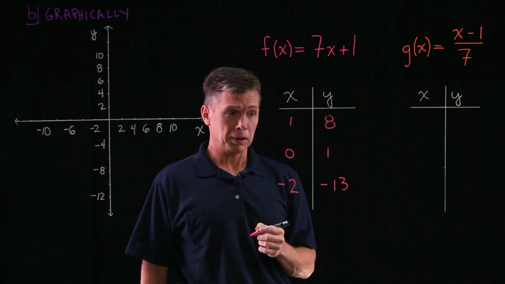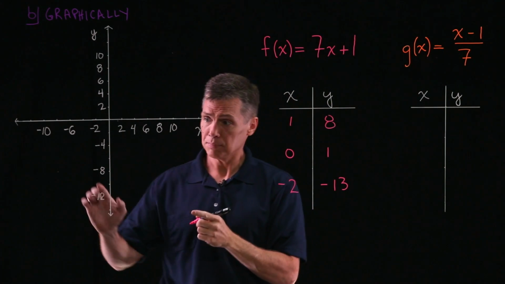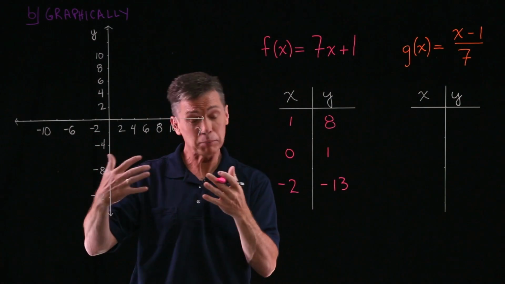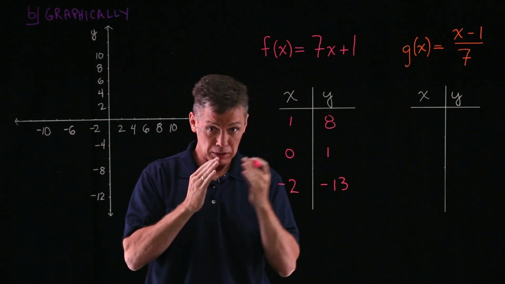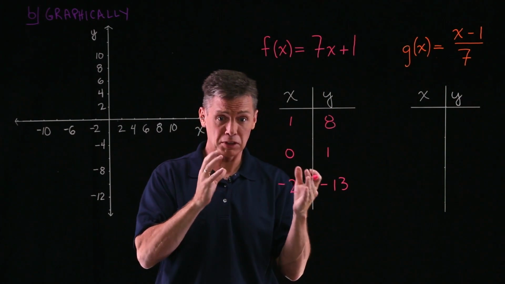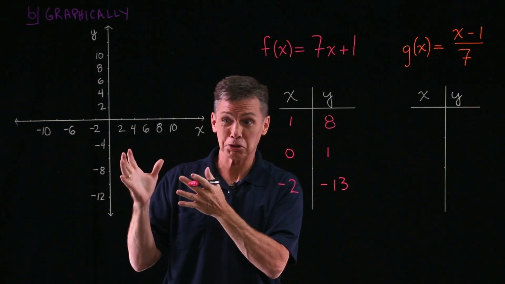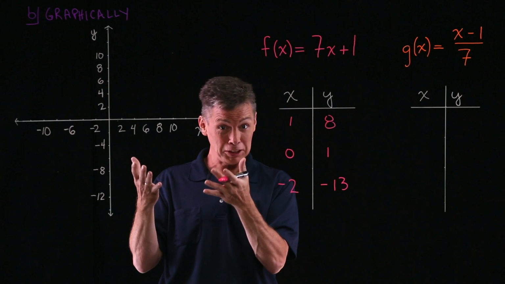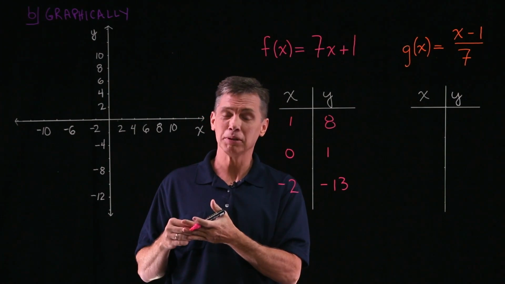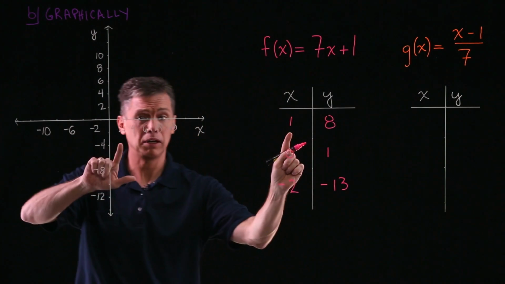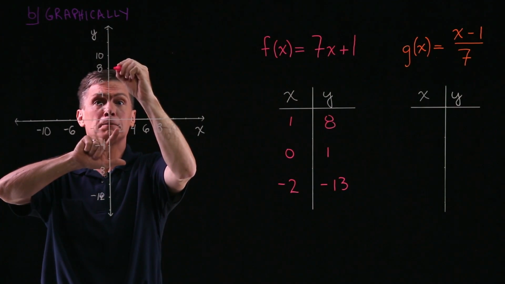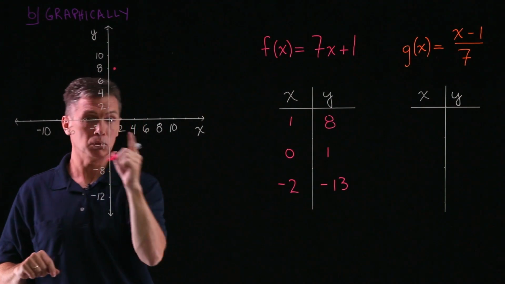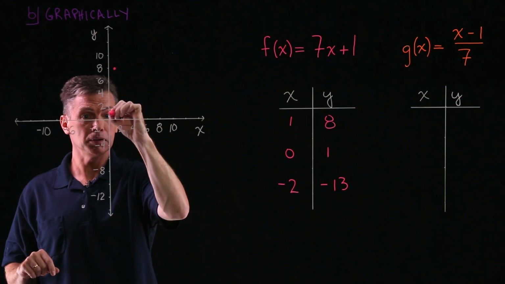Good old arithmetic. Now we take those points and plot them. I'll try to be careful with this. I was trying to be kind of neat in the setup here because we're asked to verify that these two functions are inverses of each other graphically. So try to make your graph neat enough that you can see the cool things that are going to happen. So I'll be careful with my scale here. 1, 8 looks like it's about there. 0, 1 would be right there.